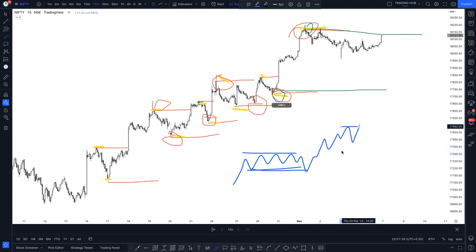And for example, this is the London high and the London low. And then what happened? New York opens and sweeps the London session and then takes a reversal. Generally, you can understand that in a day, one session will be manipulated. Those can be Asian, London or New York. And all these things will be covered in Trading Hub 3.0 in more detail, and how you can take entries and how you can understand.